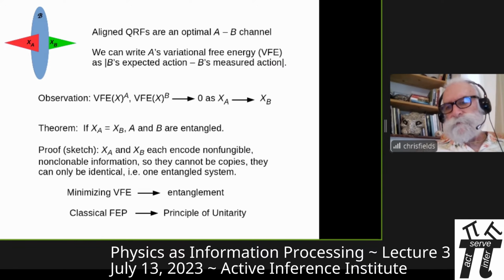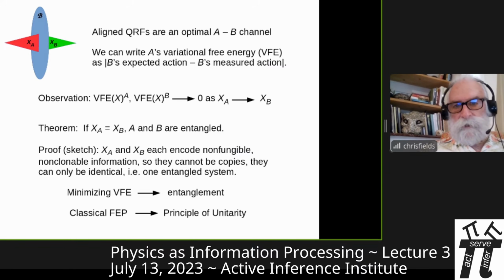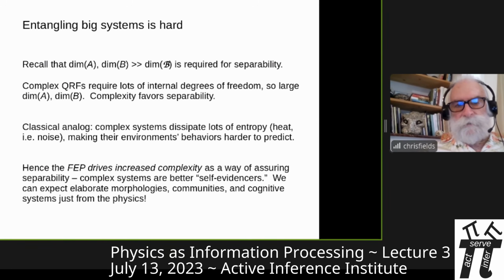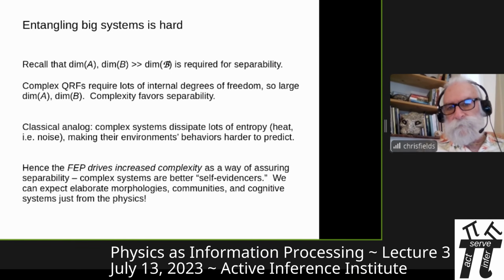So this raises an obvious question, which is why all of us aren't entangled with our environments all the time, and entangled with each other. And the answer is that entanglement is really hard for complex systems. And this illustrates the sense in which the FEP is moving systems in two different directions at once.